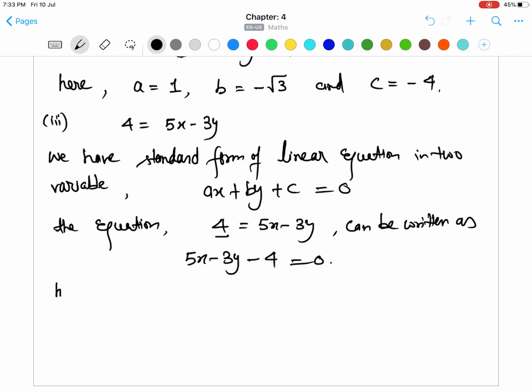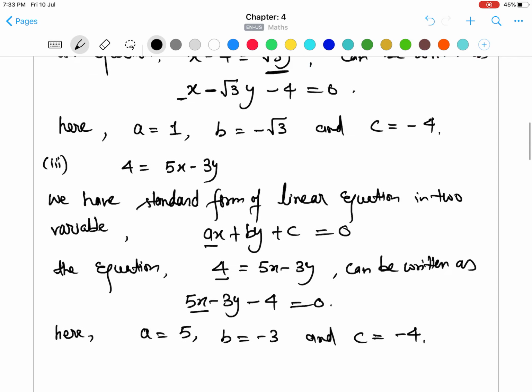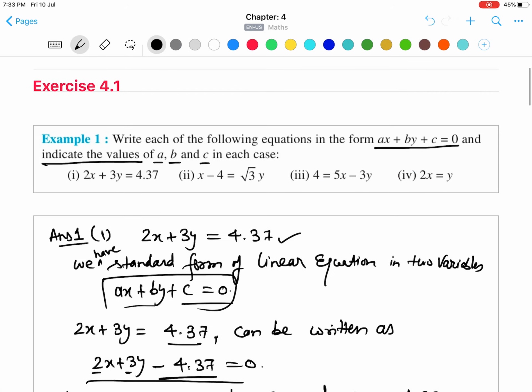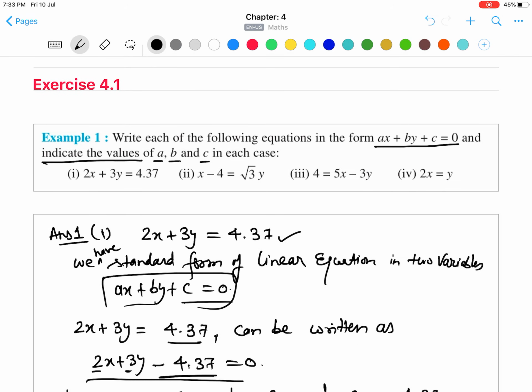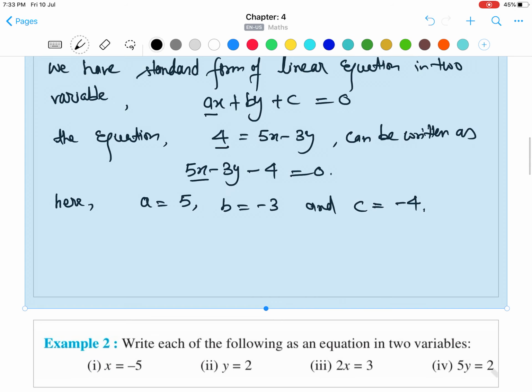Here a is equal to 5 by comparing it to the standard equation, b will be equal to minus 3, and c is equal to minus 4. So we have these equations. Moving ahead to the next one.